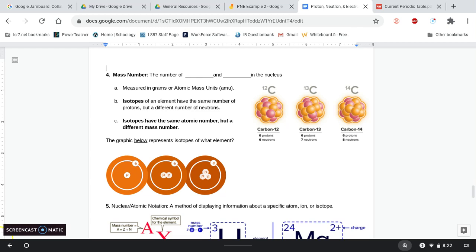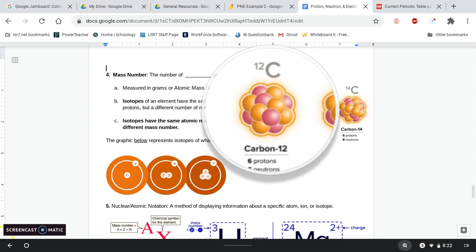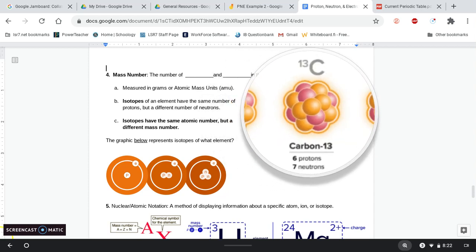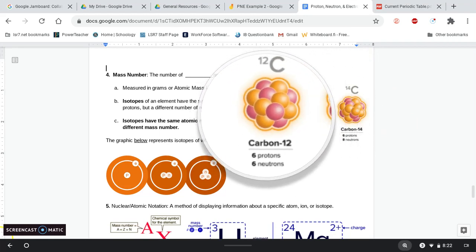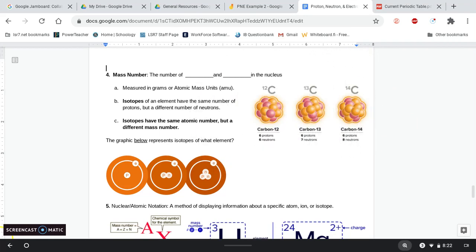So what an isotope is, it's the same element. You'll notice I've got carbon and carbon and carbon. So an isotope is the same element, but what is different about it, why it has the word isotope, is that each version of it has a slightly different weight.